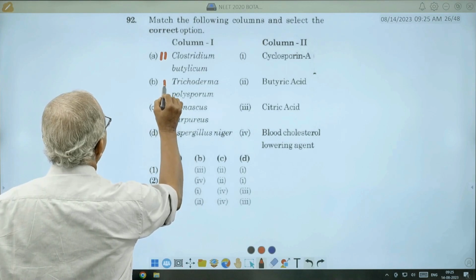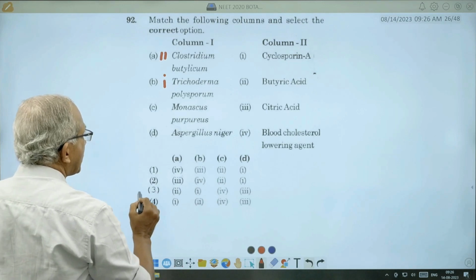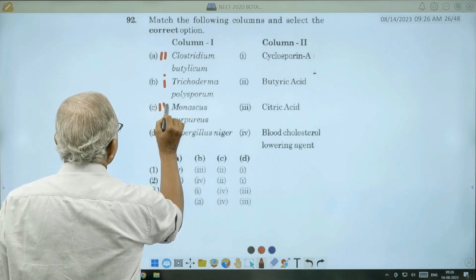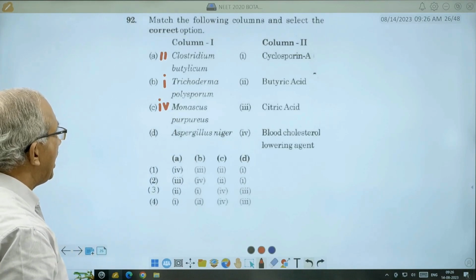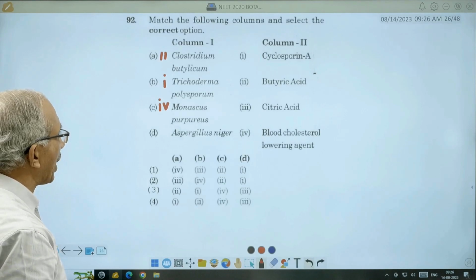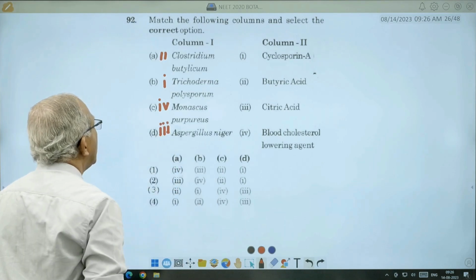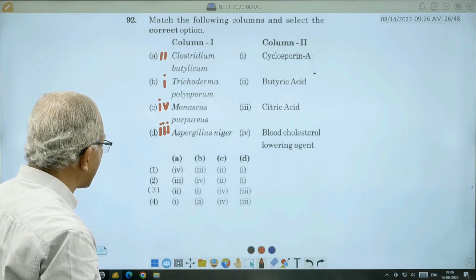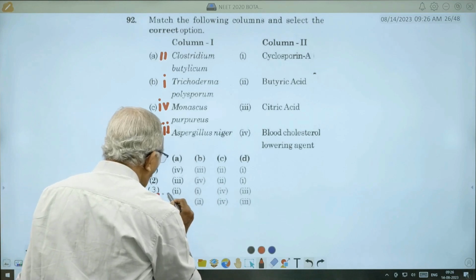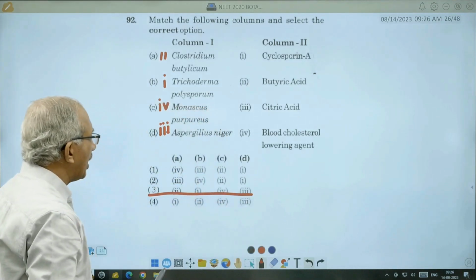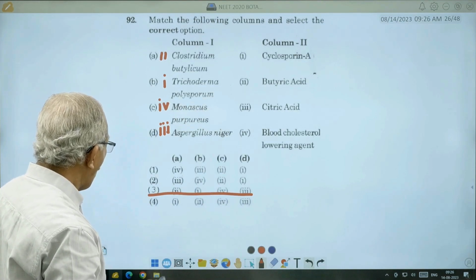Trichoderma polysporum gives cyclosporin A. Statin is obtained from Monascus purpureus; it is a blood cholesterol lowering agent. Aspergillus niger is used for the industrial production of citric acid. A2, B1, C4, D3. Answer 2, 1, 4, 3. Option 3.